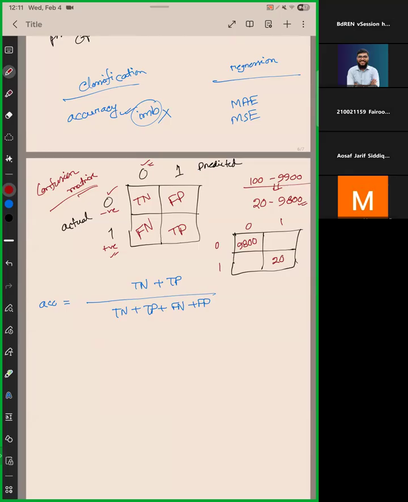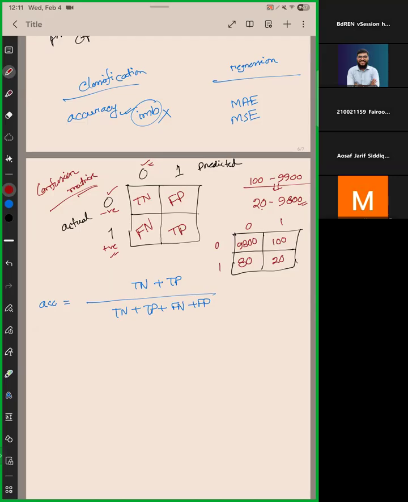False negative means actually positive but predicted as negative. How many are there? Sir, 80. 80. And here is going to be 100, that is the false positive.